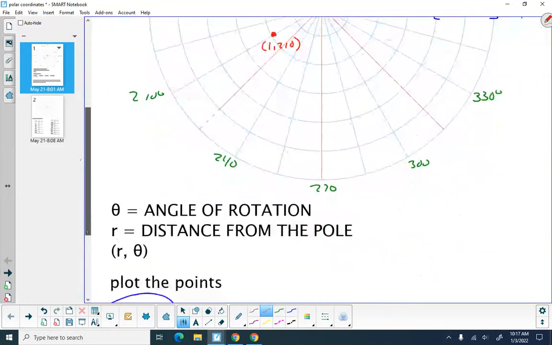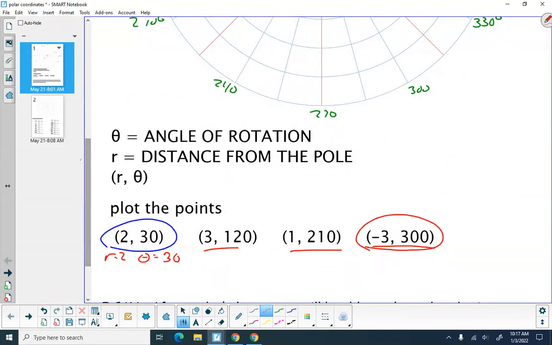The question is what do we do with -3, 300?